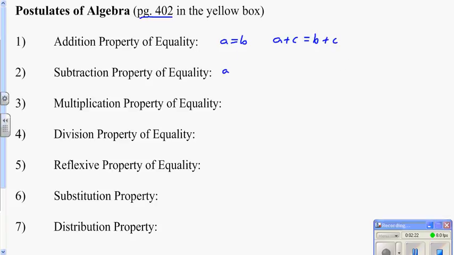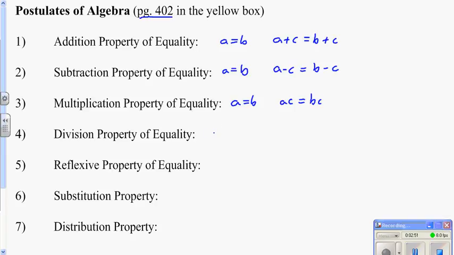Subtraction, same situation. If you have two pieces equal to each other, I can subtract the same amount from both sides and it would still be equal. Again, that teeter-totter. It stays balanced if you affect both sides of the equation in the same way. Multiplication property of equality says we can multiply both sides by the same thing and it would still be equal.